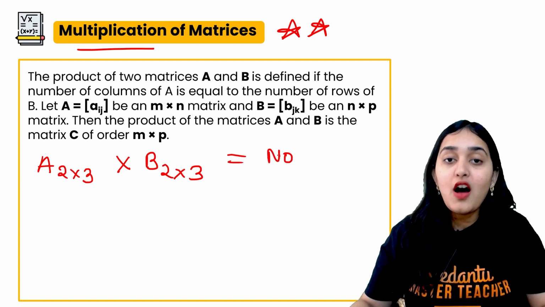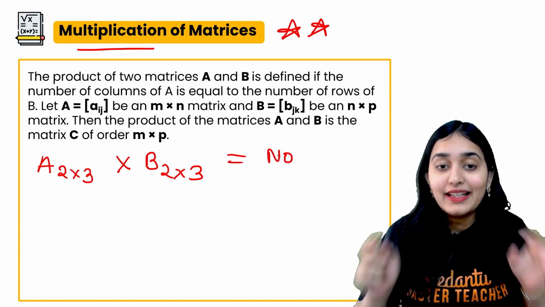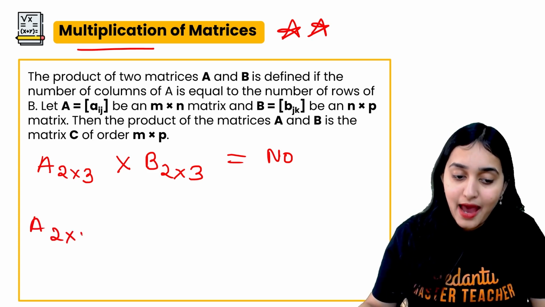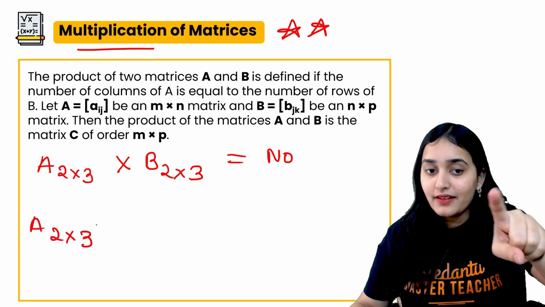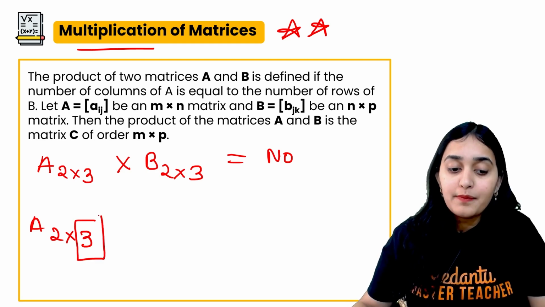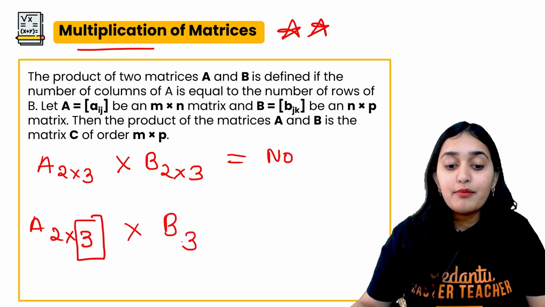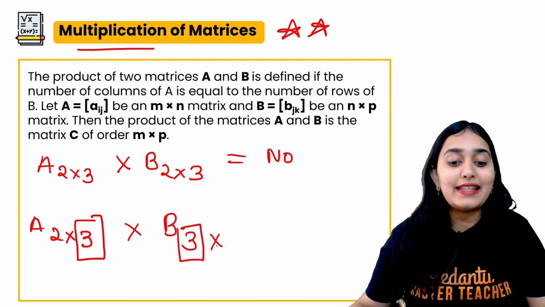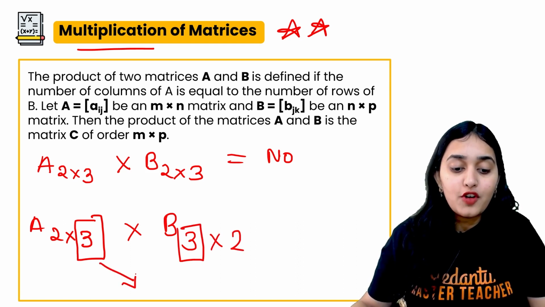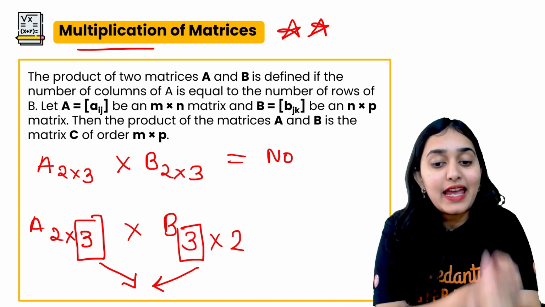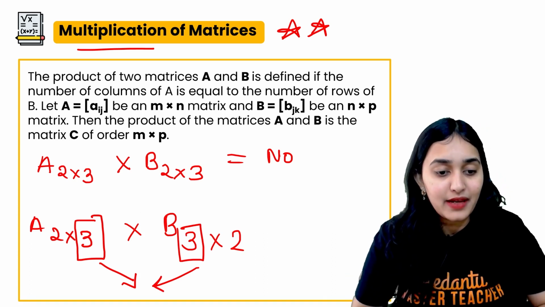No, you cannot multiply them. Why? Listen very carefully. Multiplication can happen only when the number of columns of the first matrix is same as number of rows in the second matrix. So number of column, number of row should be same, only then the multiplication can happen.